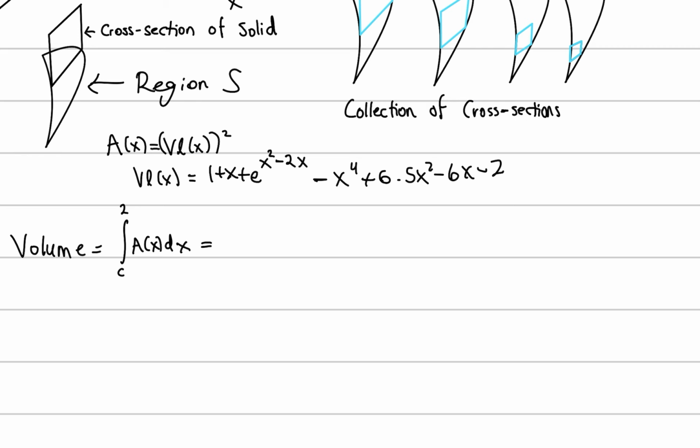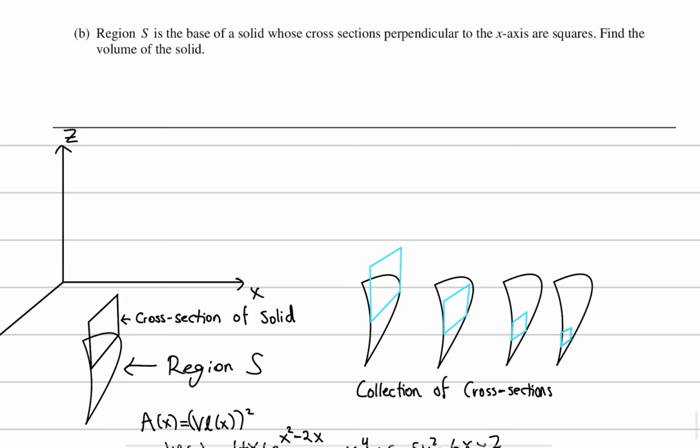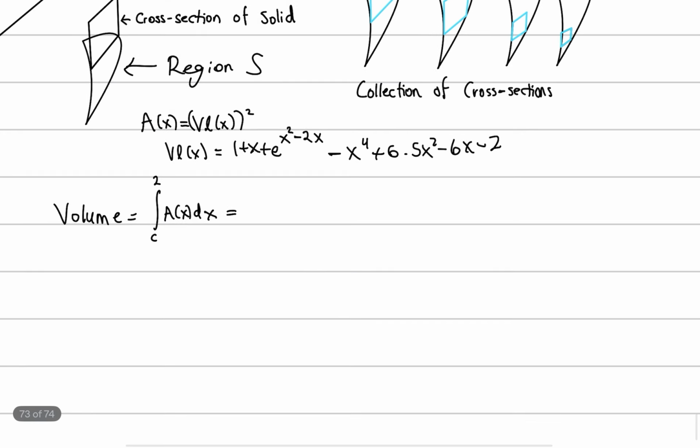And what is our A of x? Well, we already specified that that's the vertical length squared. Vertical length is f of x minus g of x, so we're going to write f of x minus g of x squared dx. And that gives us our wanted volume, which happens to be 1.28316.